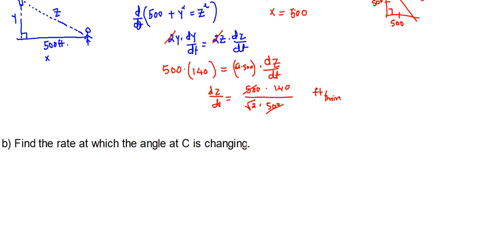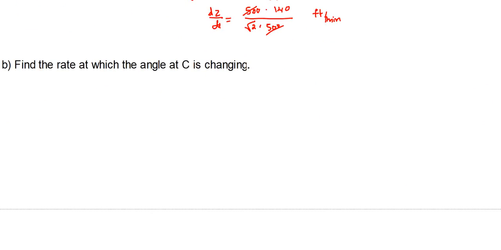So now I want to do the rate at which the angle is changing. That's what we did once in class, but let's take a look at this question again. The rate at which the angle is changing. That angle is theta here. Remember 500 is fixed here. We are still using the same information. 500 is fixed.